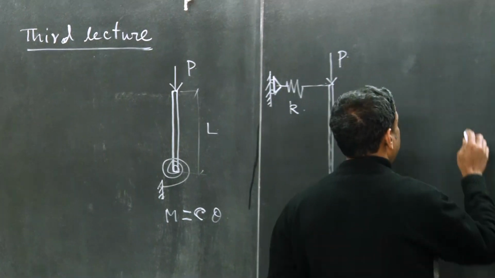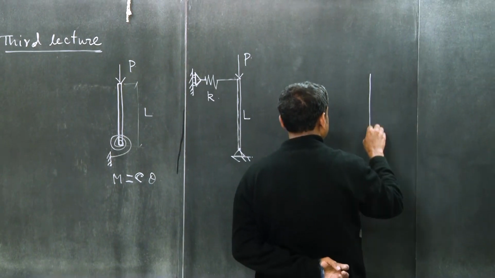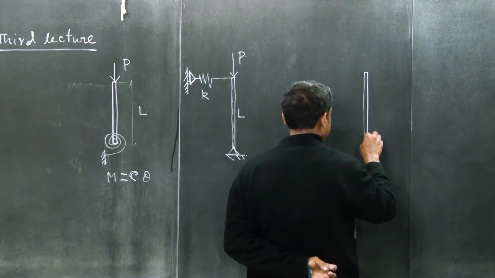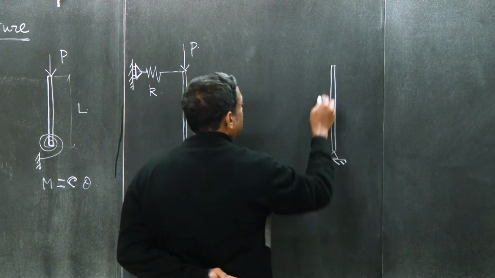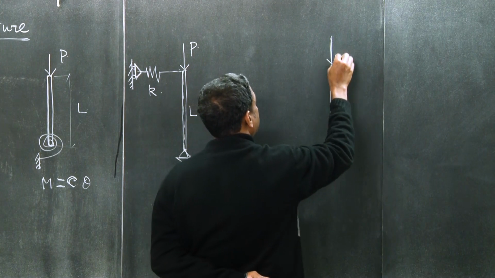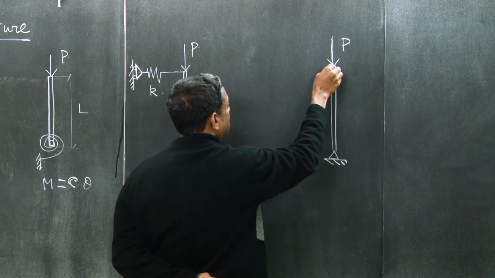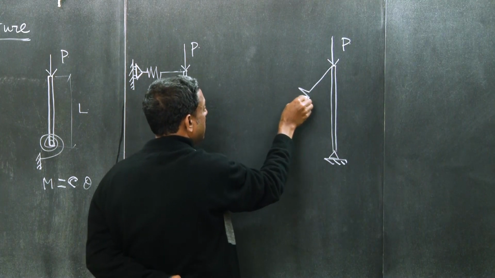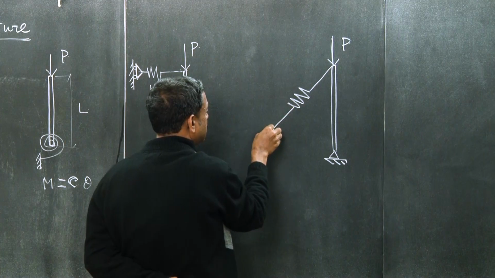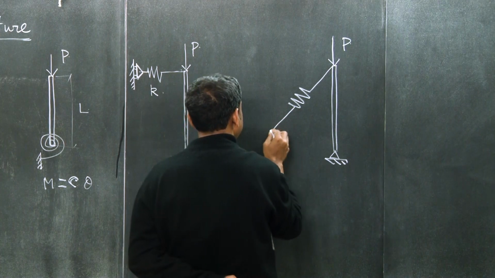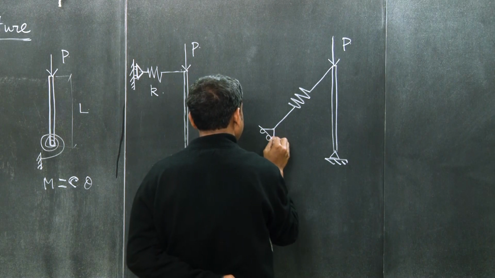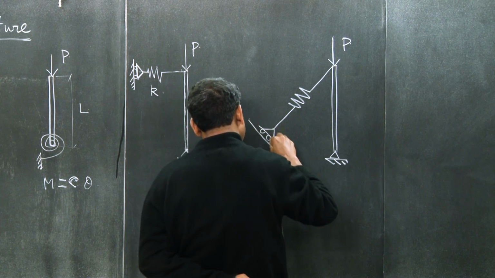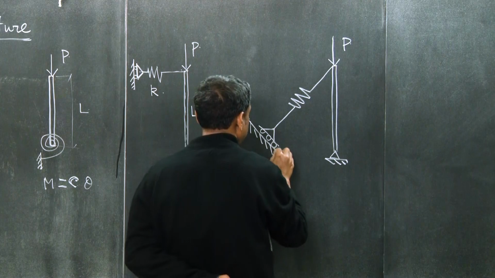The third system we are going to consider is once again a rigid bar which is subjected to a concentrated load P once again, but it is restrained by a translational spring, and that is an inclined spring, which is free to move on an inclined plane.